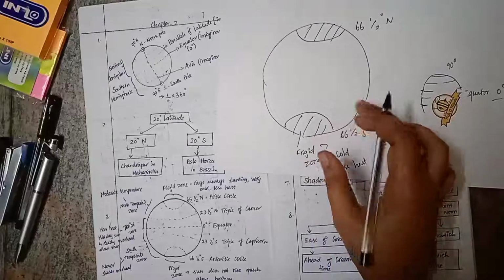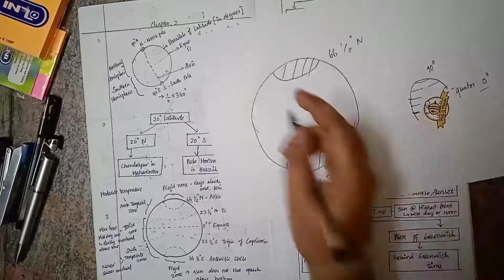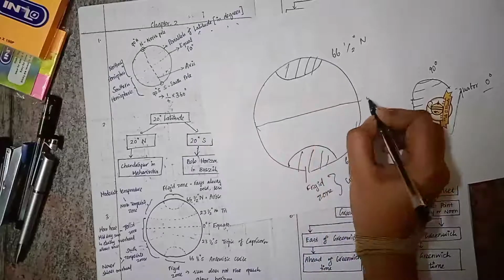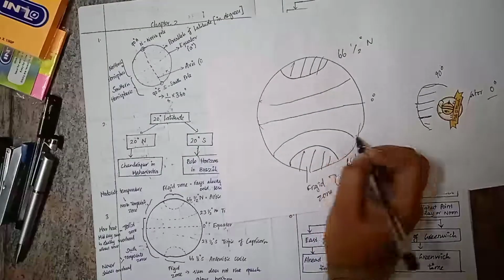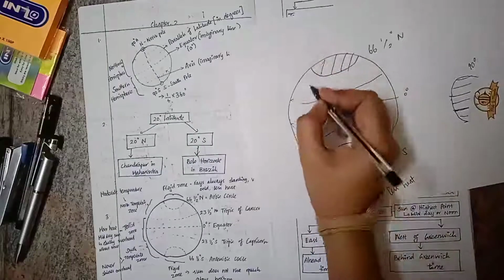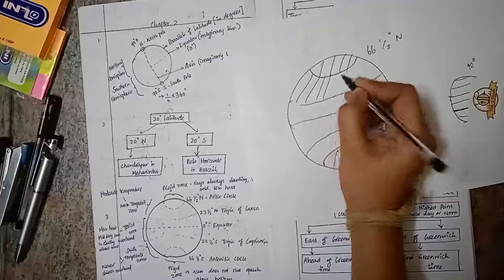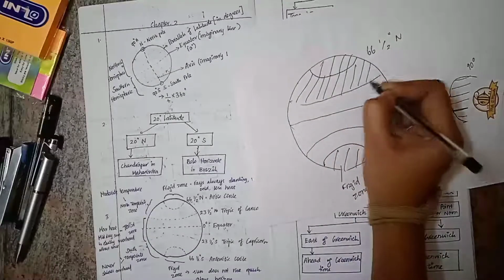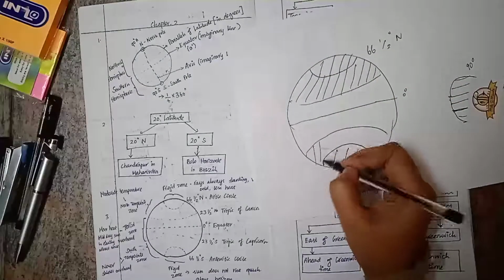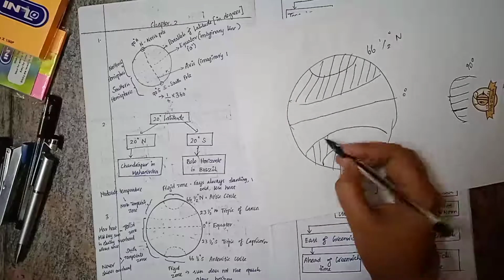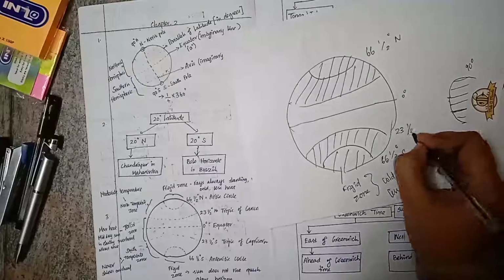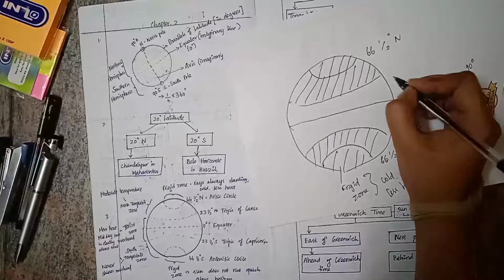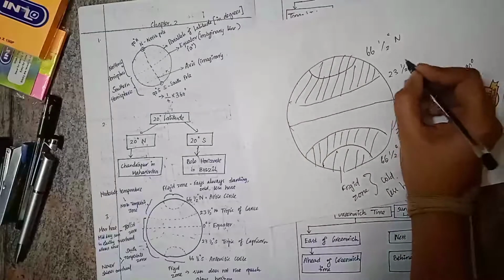After this we have the south temperate zone and the north temperate zone. This is the Equator, 0 degrees. Above the Equator we have the Tropic of Cancer, and below it the Tropic of Capricorn. The region from the frigid zone at 66.5 south to 23.5 south, and likewise in the north, is called the south temperate zone and the north temperate zone.